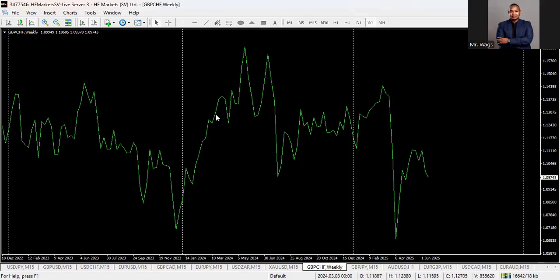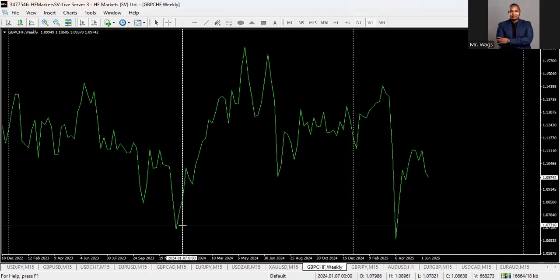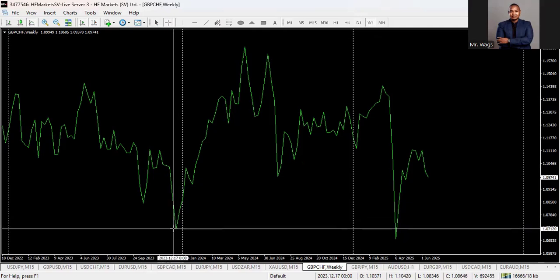And when the market is going up, it simply means GBP is gaining strength against Swiss franc. So price or the exchange rate will be increasing as the market goes up and will be decreasing as the market goes down.